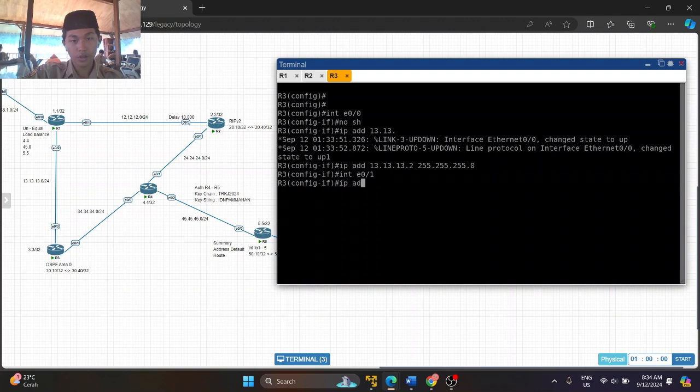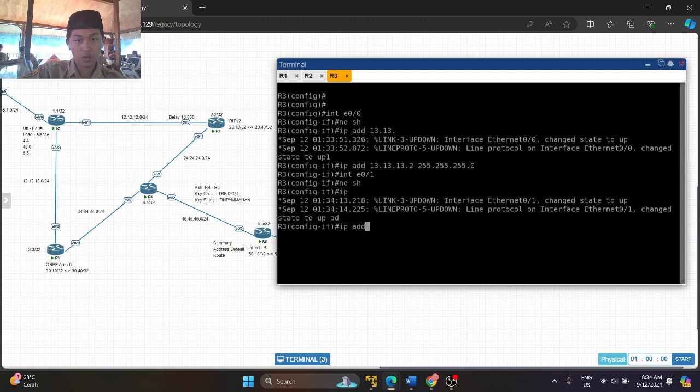IP address, no shutdown. IP address 34.1.